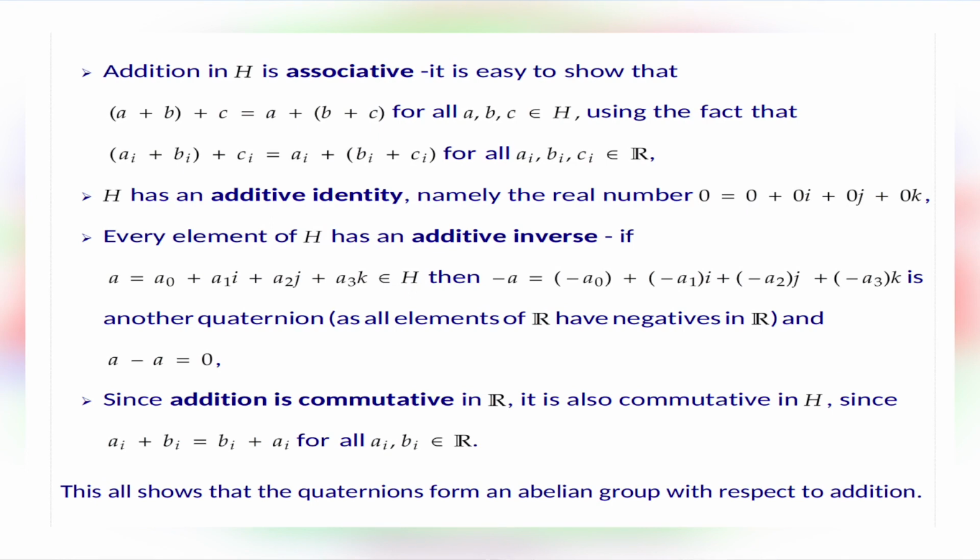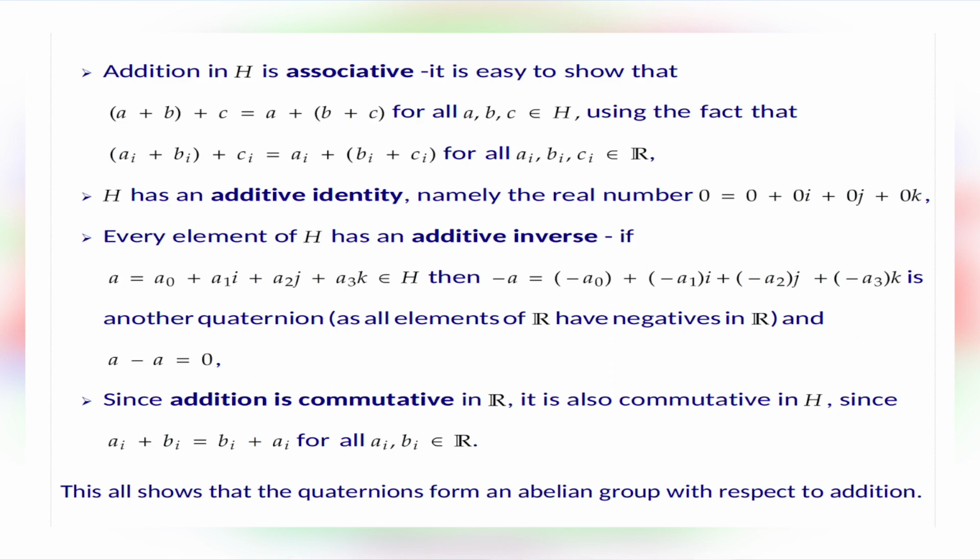It is easy to show that (A plus B) plus C is equal to A plus (B plus C) for all A, B, C in H, using the fact that (Ai plus Bi) plus Ci is equal to Ai plus (Bi plus Ci) for all Ai, Bi, Ci belonging to R.